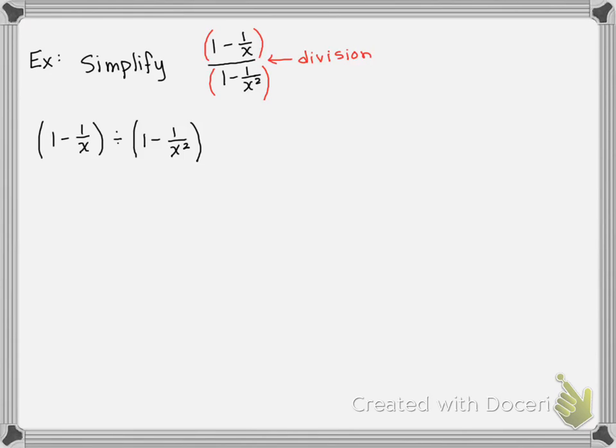So like here I want a common denominator of x, and so I'm going to rewrite that 1 as x divided by x. You can write the number 1 as a fraction with any denominator you want. It just has to be the same on the top and the bottom because anything divided by itself is 1. And so this gives me x minus 1 over x.